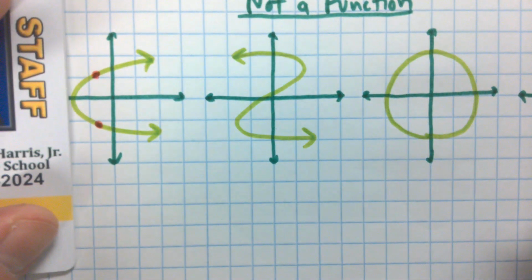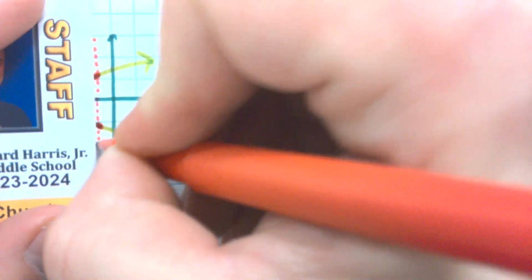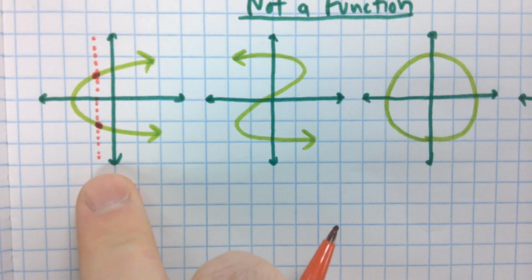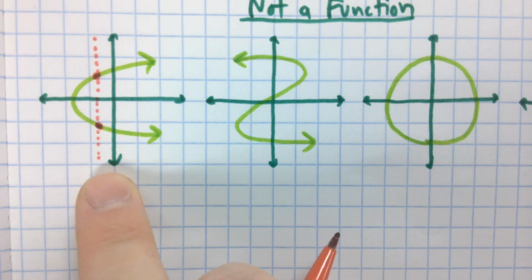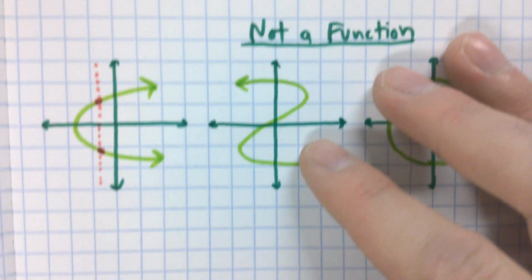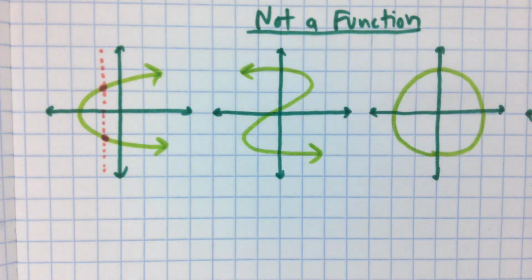I've got a point right there, and I've got a point right there. Those two points fall on the same vertical line, which makes this not a function. So if there's two points that form a straight vertical line, it is not a function. That's all it is.